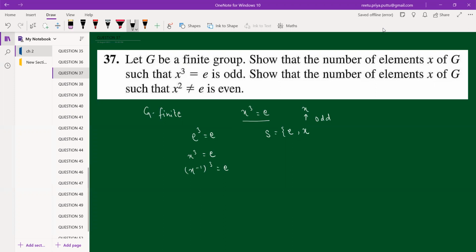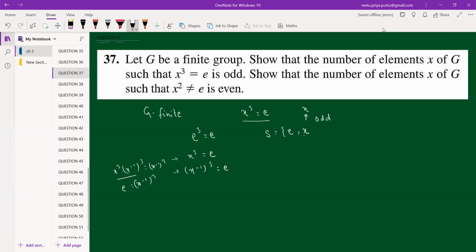This works on the property of the order of a group and order of an element. In further chapters, you will read about the order of an element, but for now you can see that this works. Whenever X cube is identity, X inverse cube is identity. Why is this happening? Just multiply with X inverse whole cube on both sides, and here you will get the identity and here it will be the same.